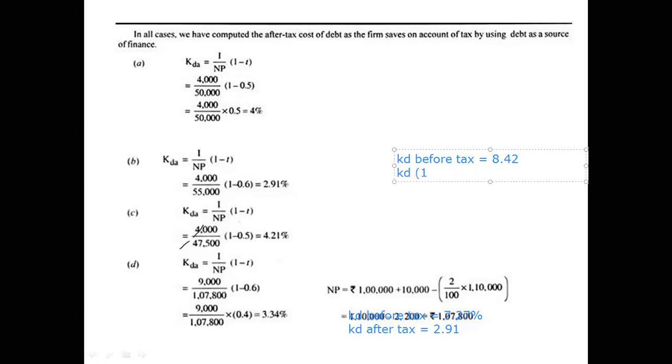I already told you, 1 minus T. Cost of debt after tax is equal to the before tax cost times 1 minus T, and the answer is 4.21.